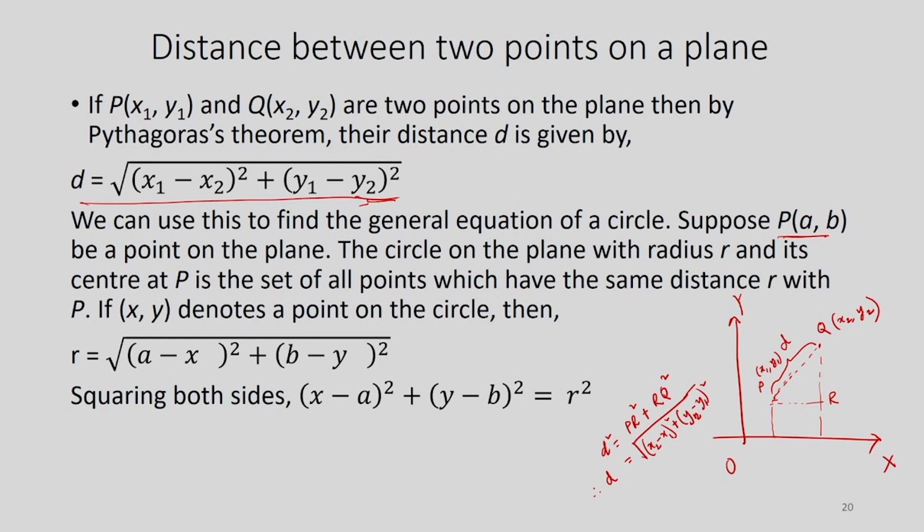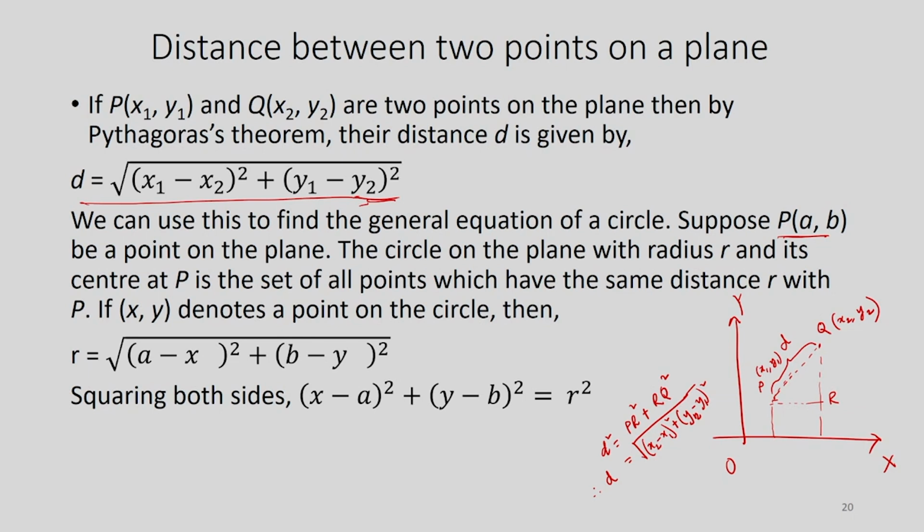So, what is a circle after all? A circle is a curve on a plane with radius r and center P, such that all points on the circle have the same distance from the center.